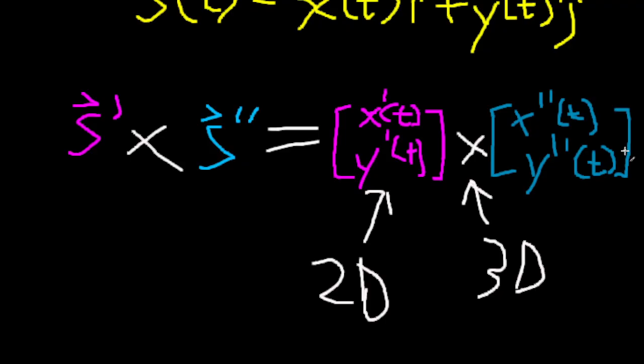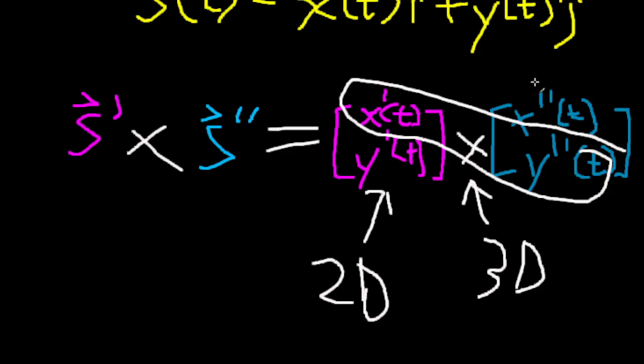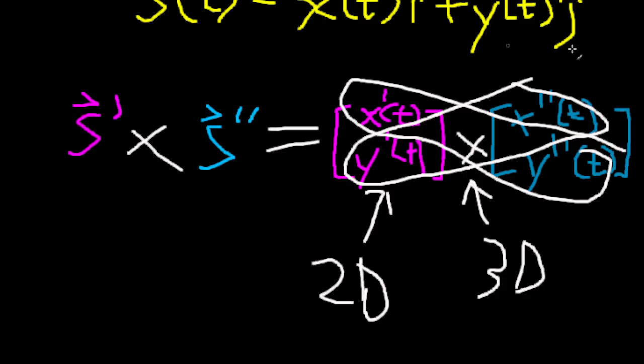Of course, what you have to do is take the diagonals, right? Like this, and like this. And that would be equal to x prime y double prime.